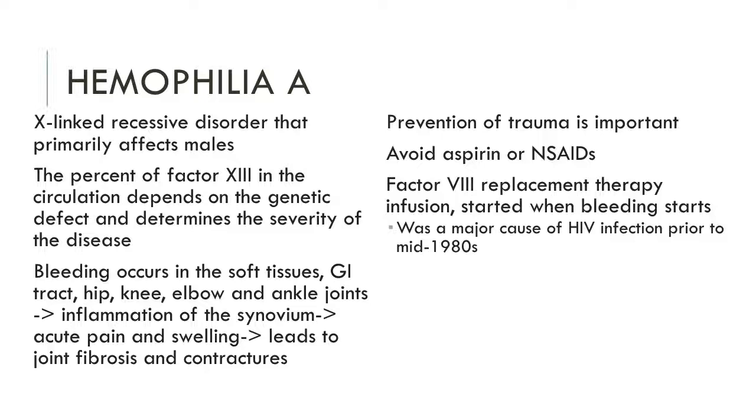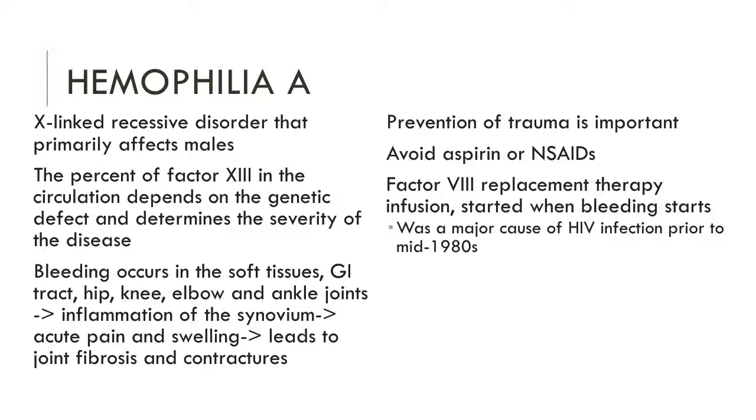The percent of factor VIII in the circulation depends on the genetic defect and determines the severity of the disease. Bleeding occurs into the soft tissues, the GI tract, the hip, the knee, elbow, and ankle joints. This results in inflammation of the synovium, which results in acute pain and swelling. Over time, this leads to joint fibrosis and contractures.